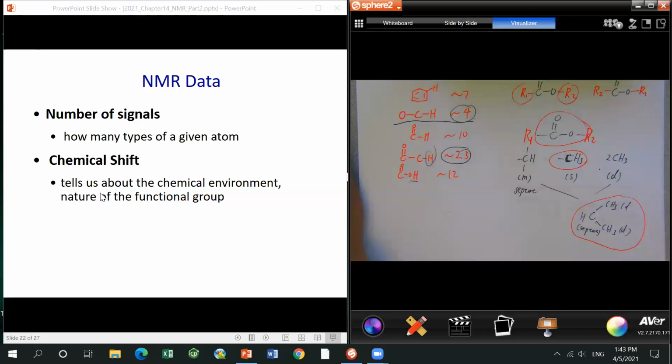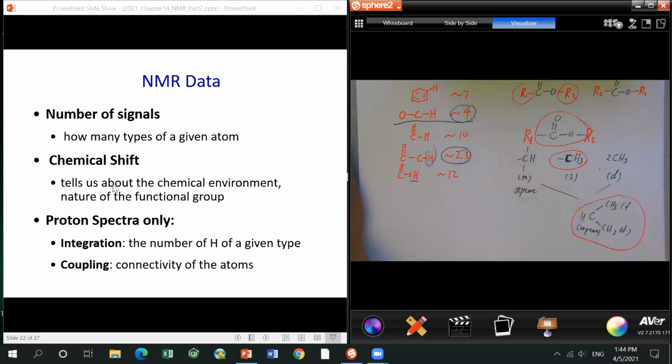Both carbon NMR and proton NMR chemical shifts can tell you what kind of functional group and chemical environment, like aldehyde or ketone. Only proton NMR provides the integration, which tells how many hydrogens of each type. Coupling is very useful, as you already know, helping connect all the fragments together and eventually giving the final structure.